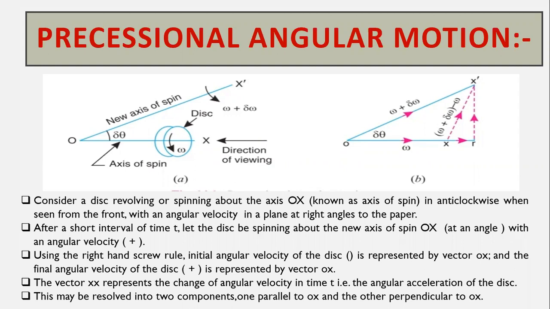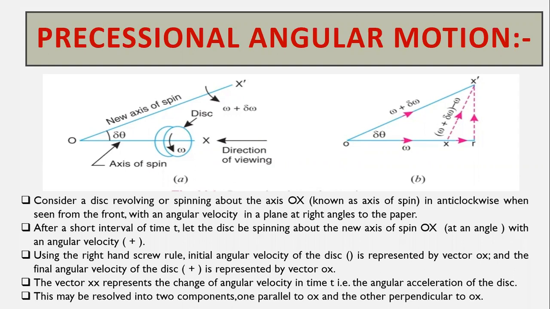So it moves in the new axis of spin, that is in the OX direction, with an angular velocity of omega. So with an angular velocity of omega, we are moving the disk into the new axis of spin, and we obtain an angle here, delta theta.